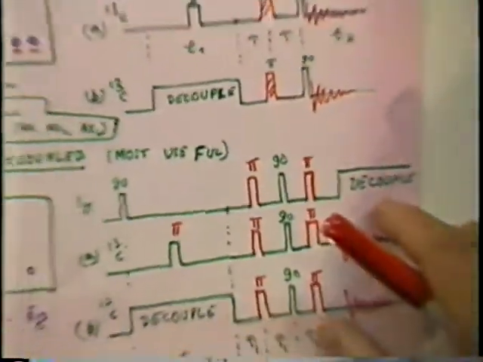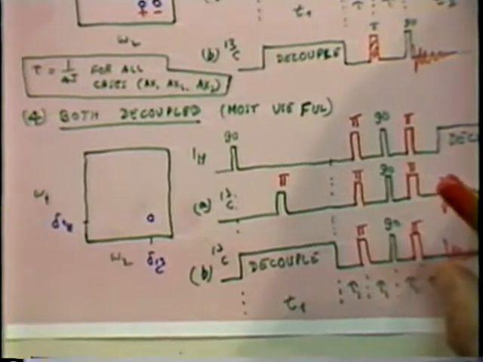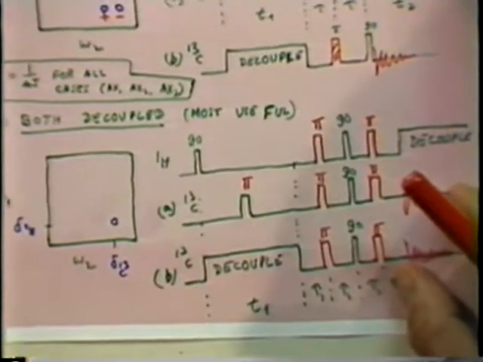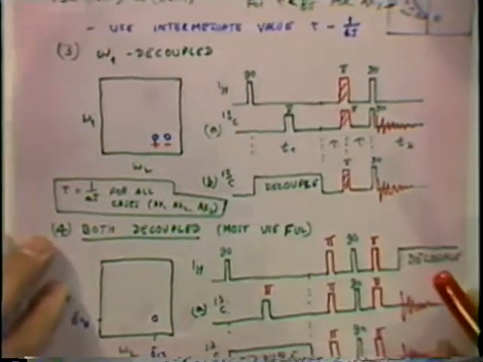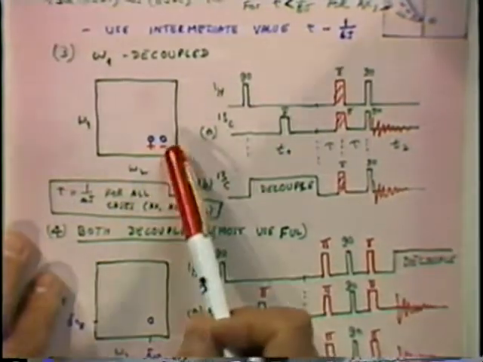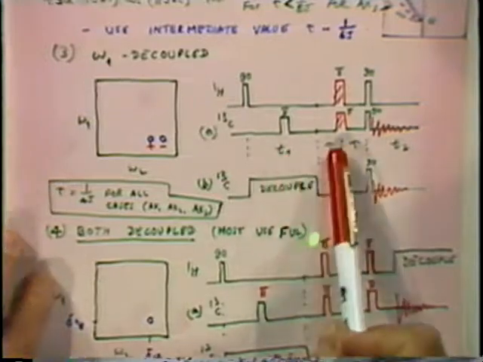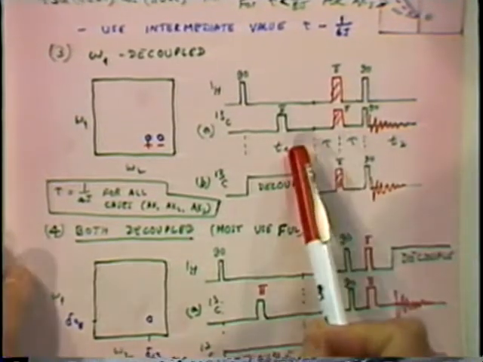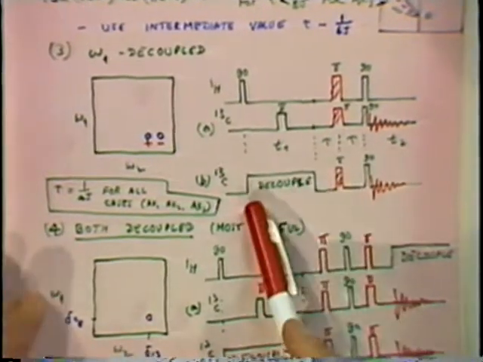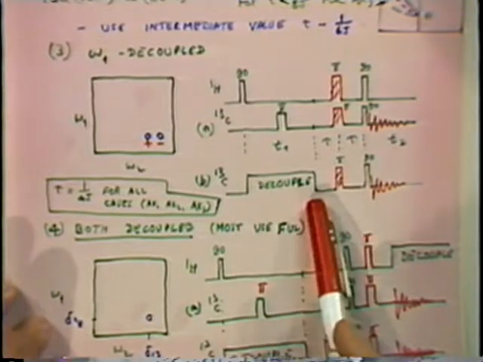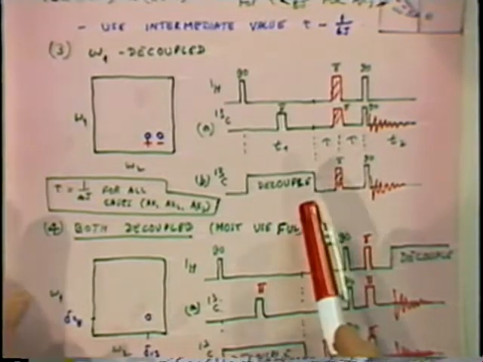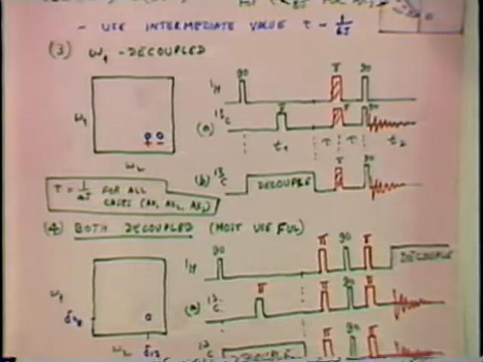Well, one can also do decoupling in the omega 1 direction. And the scheme that is given here is omega 1 decoupling. And this can be done in two different ways. One is by simply irradiating the carbons during the t1 period. It's opposite to what you're used to doing.